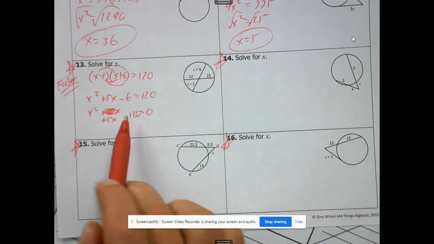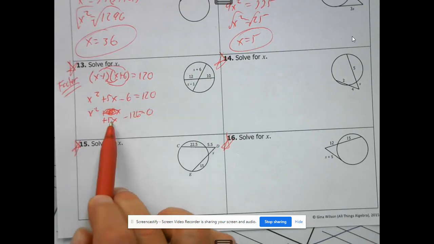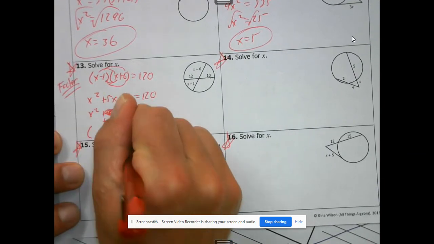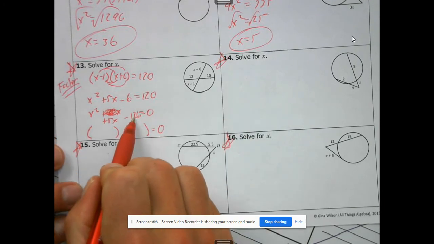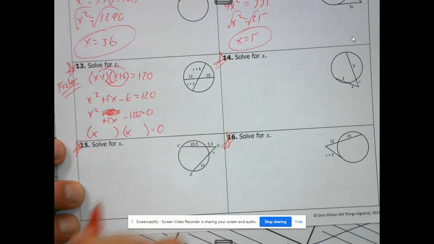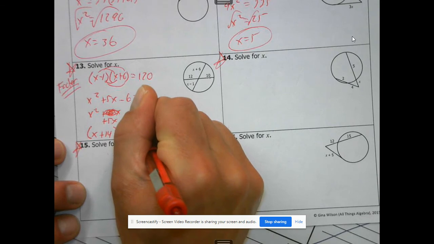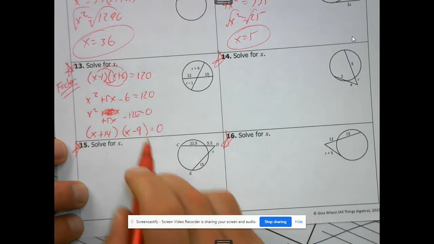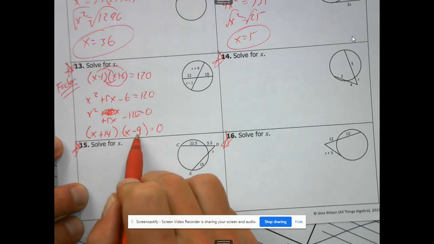Okay. Factor. Two numbers multiply to give me this, but when I add them, they give me this. So just a real quick, the factored form. The numbers are positive 14 and negative 9. When I multiply these two numbers, I get this. When I add these two numbers, I get this.